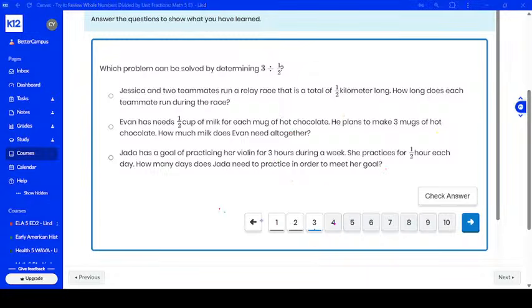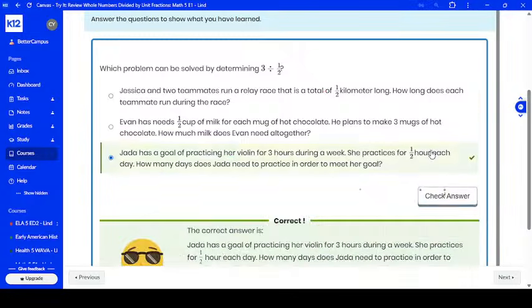You have 5 seconds to answer. 5, 4, 3, 2, 1. The answer is C, the last one.